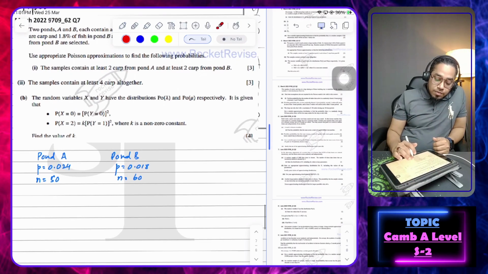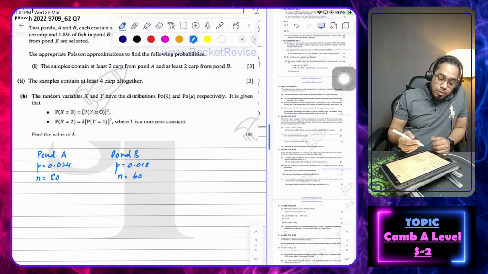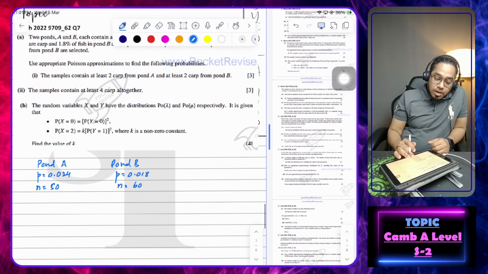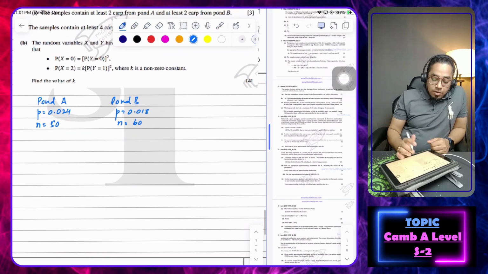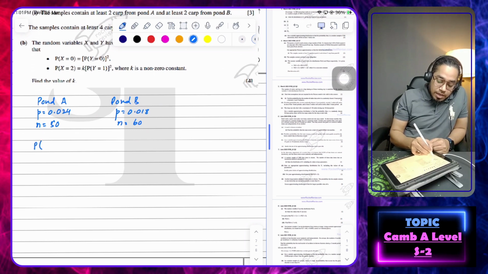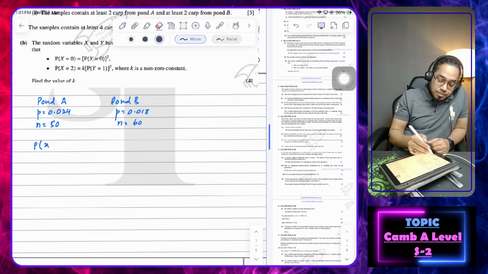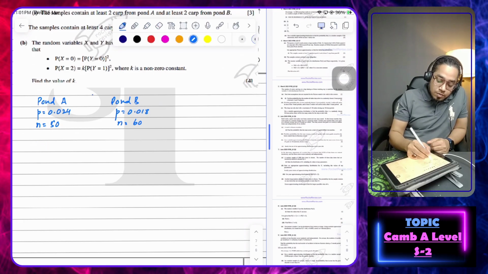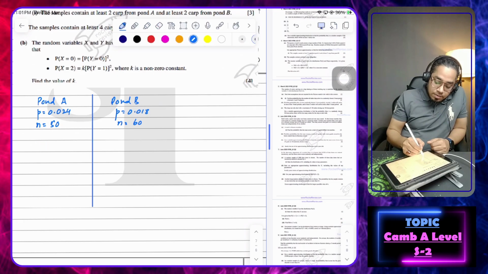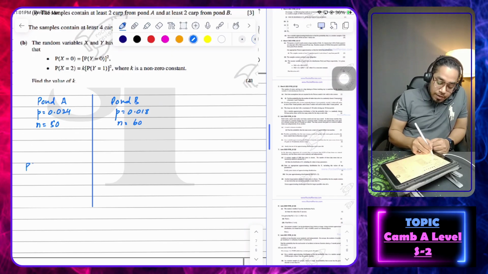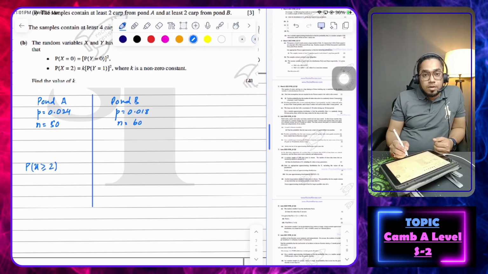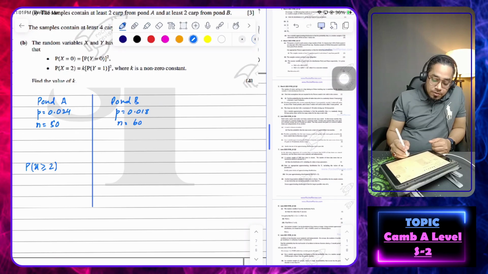So now for pond A, first I will calculate at least two. It means we are dealing with the probability that x is greater than or equal to 2. At least 2 is this one.